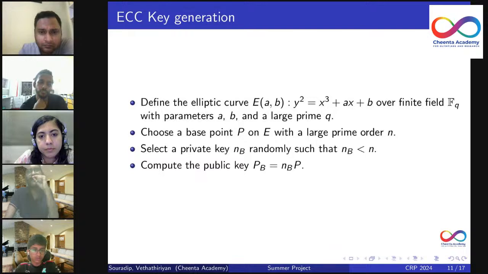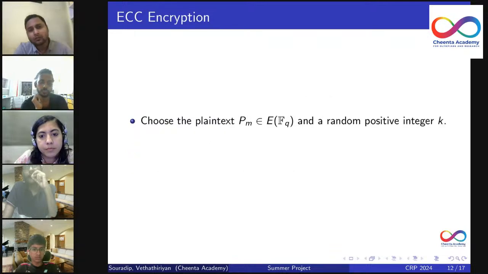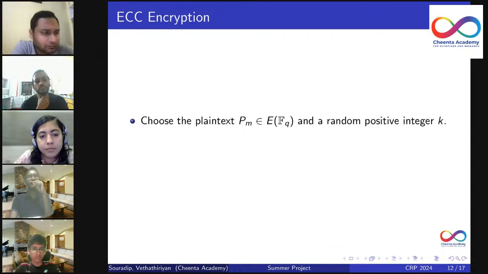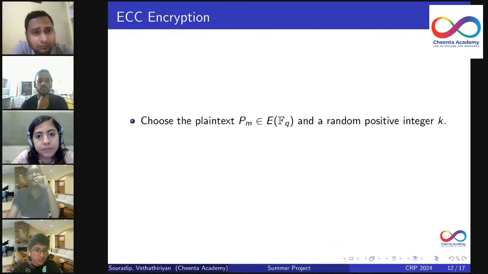Next, suppose we take a plain text PM. In the next slide, we take a plain text. So any message, we define it as PM, which is on the elliptic curve of that finite field, and a random positive integer k.